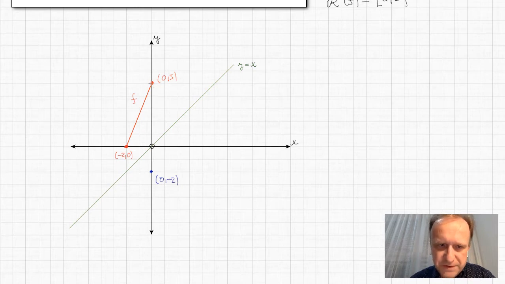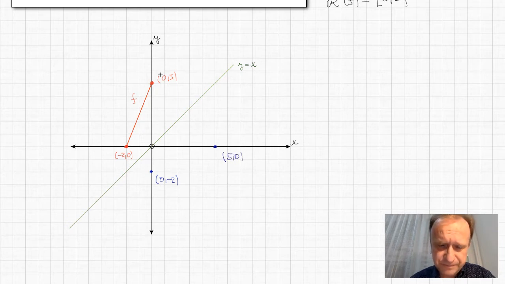Moreover, we can do the same with the point 0 and 5, the second endpoint. This is reflected to the position of 5 and 0. So it's 3, 4, 5 and 0. So it gets reflected to this point, 5 and 0.